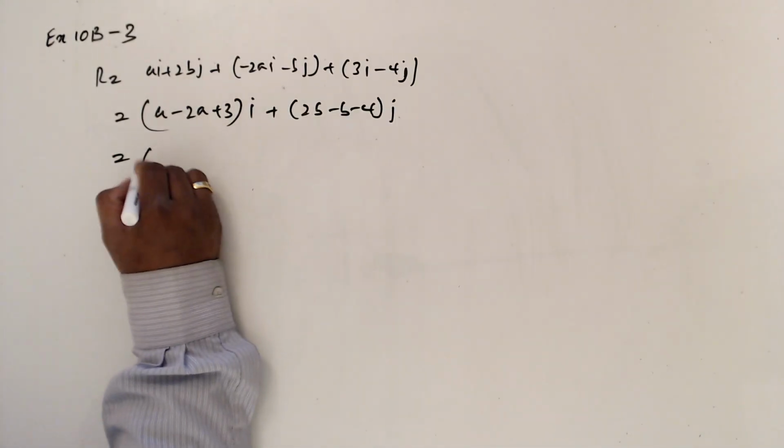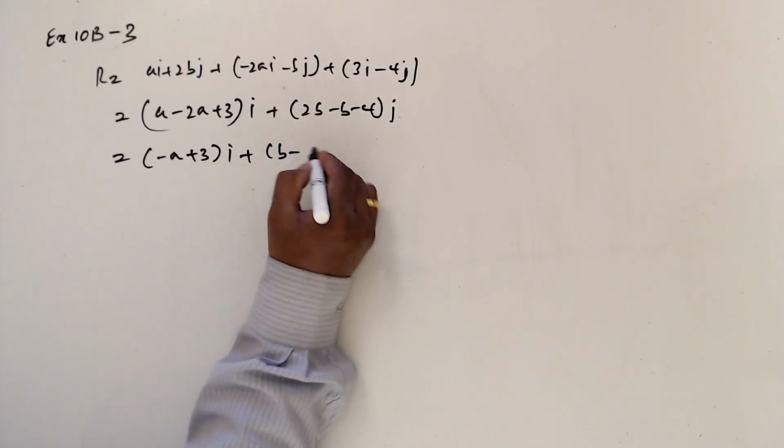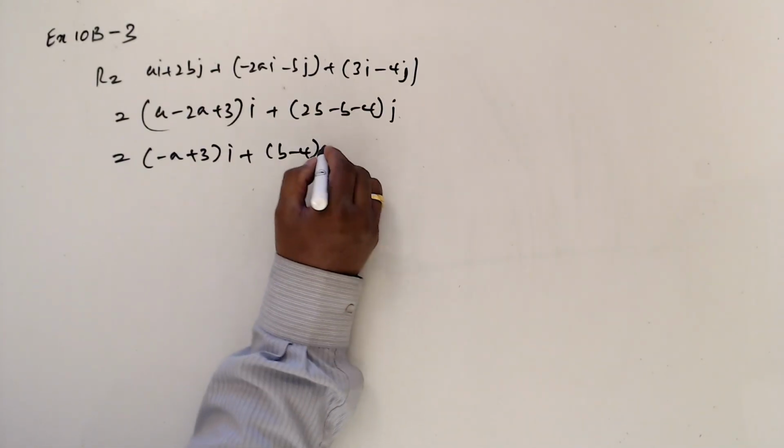So this is minus A plus 3 i plus B minus 4 j.